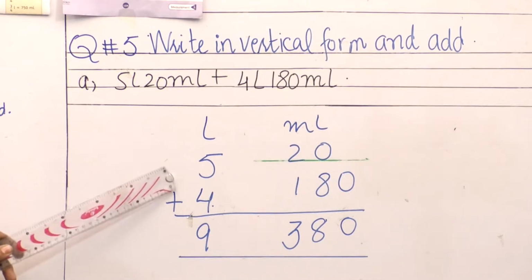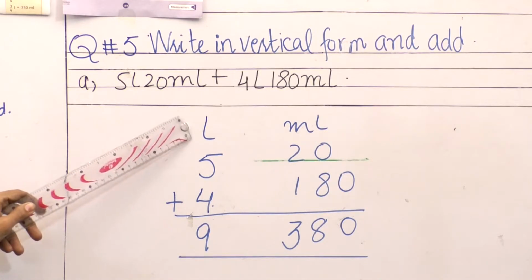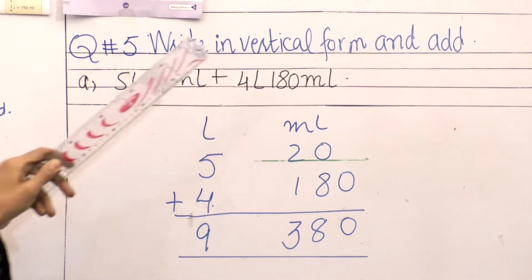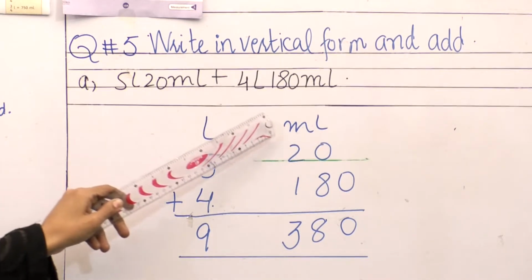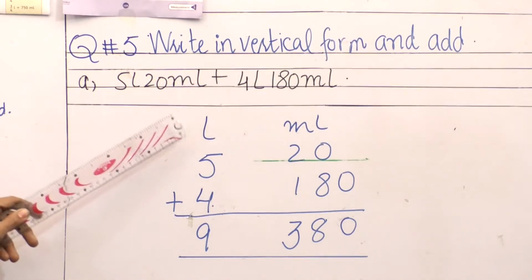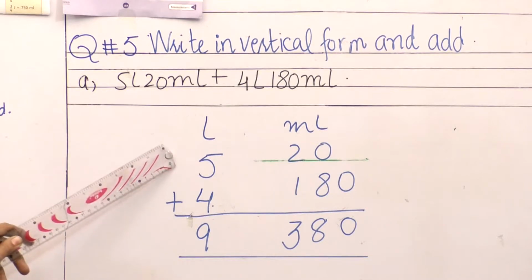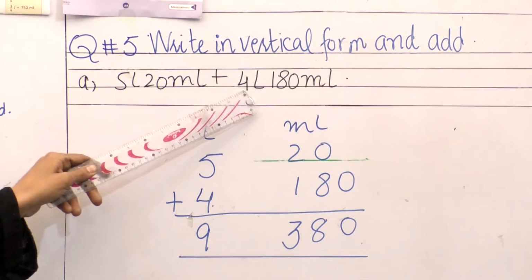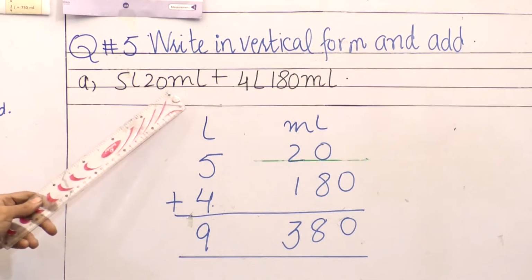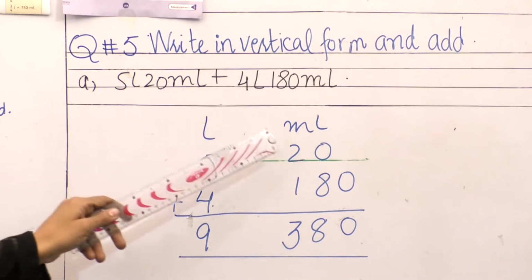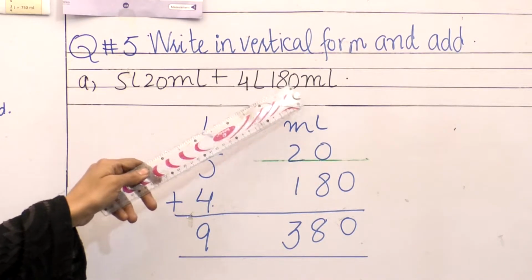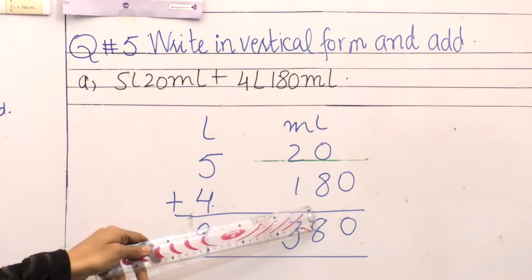To do this, first we have to separate these two units of measurement, liter and milliliter. Write liter first and then milliliter. Now follow the method. Under liter, write down the first value 5 and then the second value 4. Under milliliter, write down the first value 20 and then the second value 180.